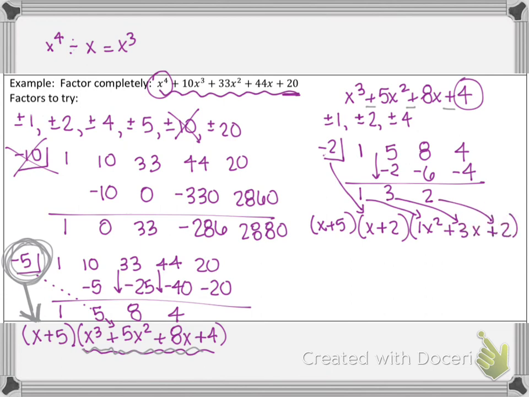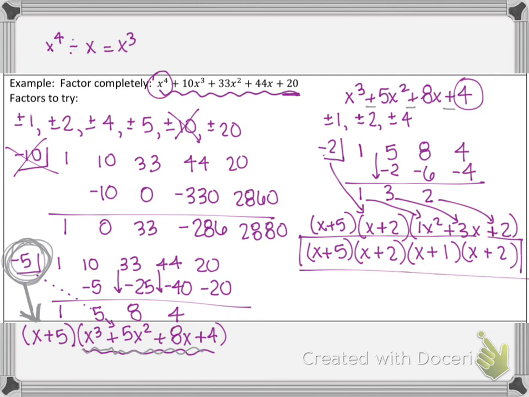And now I factor using the product sum method. The x plus 5 and the x plus 2 have to keep coming along. Multiplying to 2 and adding to 3, it's got to be x plus 1 and x plus 2. So this is our answer. Make sure in your answer that you have enough x's.